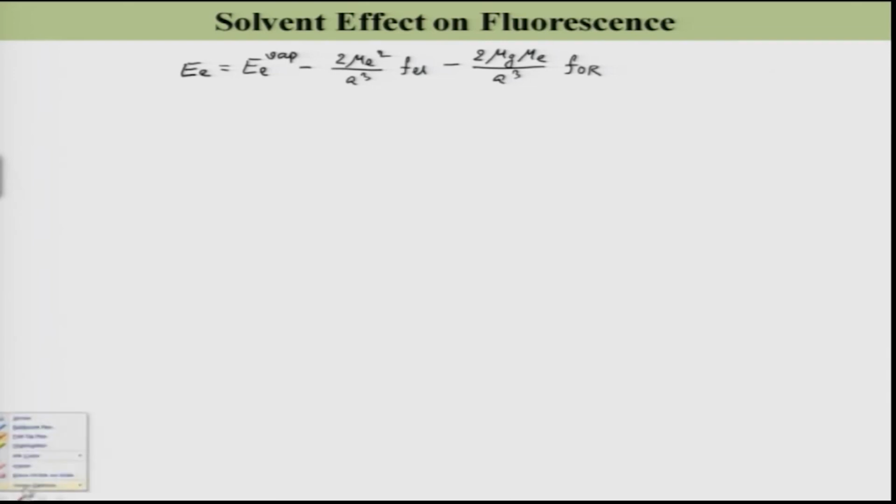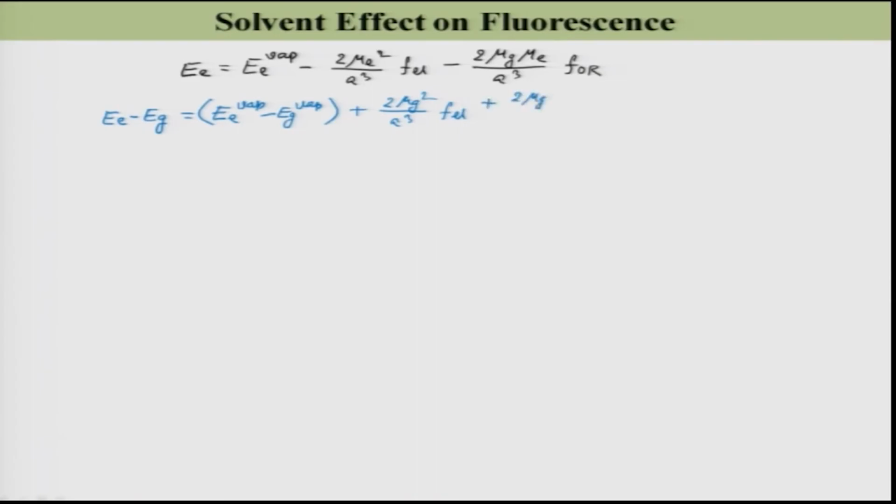So, let us do it over here. E minus E g is equal to E vapor, and from the other equation minus E g vapor, right, plus twice mu g square by a cube f_EL plus twice mu g square by a cube f_OR minus twice mu E square by a cube f_EL minus twice mu g mu E by a cube f_OR, right.